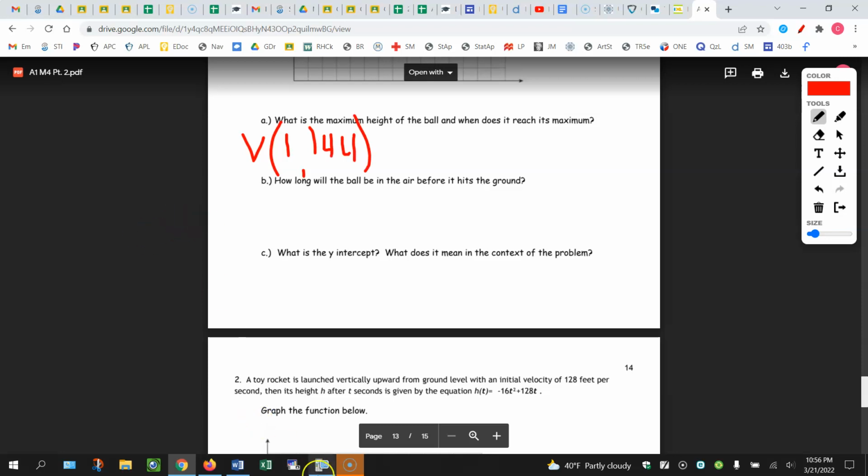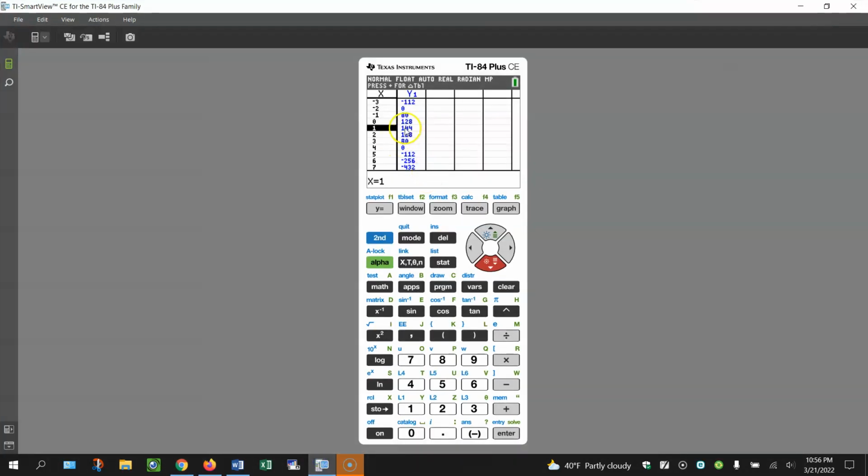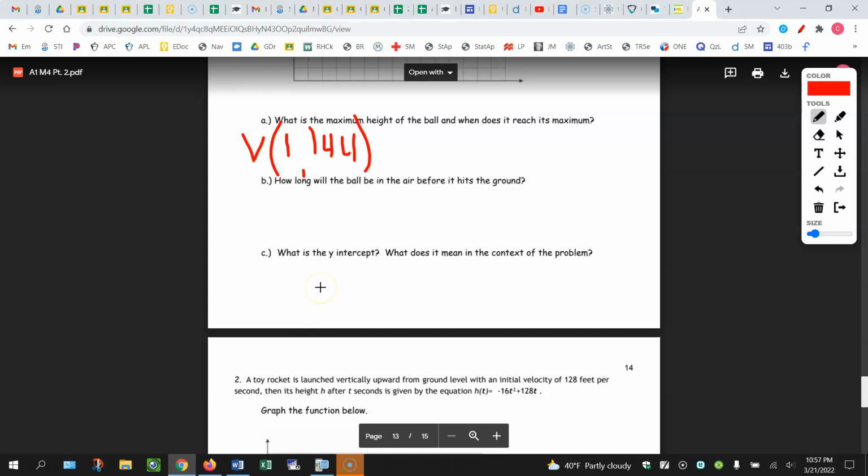And if I go back to the table just to show you, you can see that's the max. And then the numbers pair up after that. So my mistake. The vertex is 1, 144. So again, time in seconds, height in feet. So the maximum height is 144 feet, which is reached after 1 second in the air. That's how long it takes to reach the maximum height.